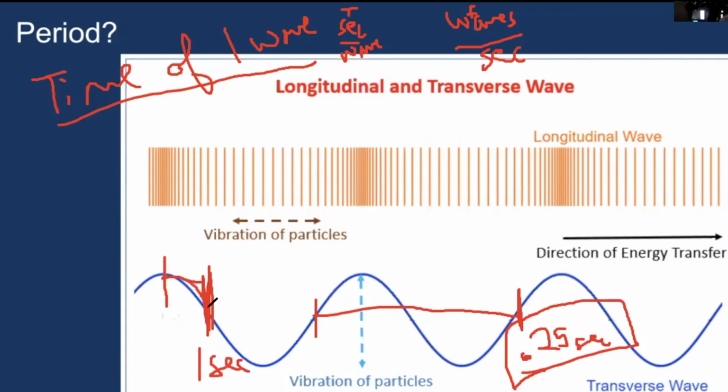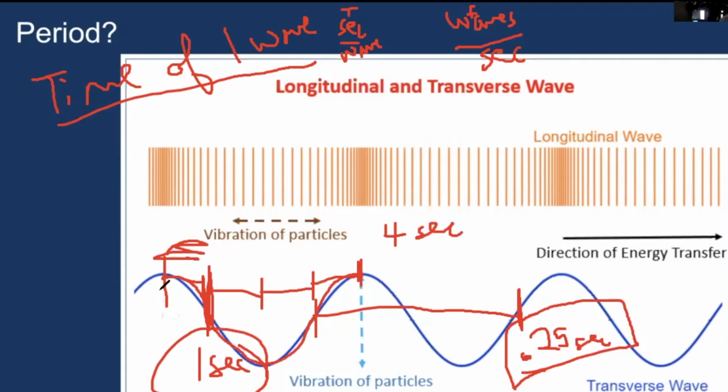Well, that's a quarter of a wave. There's half the wave, 3/4. There's the full wave. So how many sections of that is there? There's 1, there's 2, there's 3, there's 4. So 4 times 1 second, so the period would be 4 seconds because we are looking for the period of the wave.